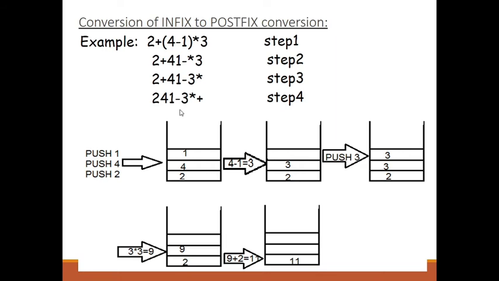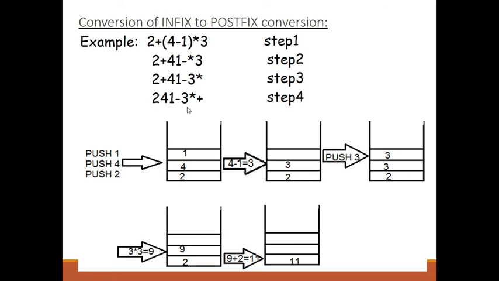Right after the subtraction operator, we have 3, which is the next step: push 3. The current content of the stack will now be 3, 3, 2, from the top.